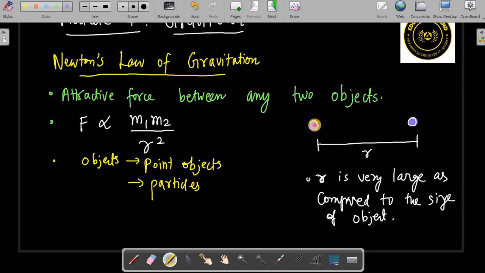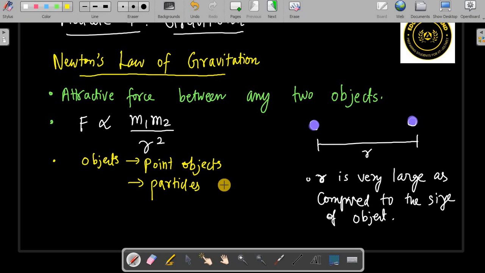Then in real life we can consider the objects as point objects. For example, the stars are very far away from us, but in the night we see the stars twinkling and they look like a point, isn't it? Although the star is tremendously large, it seems like a point because we are very far away from it. That's what is meant by point object.